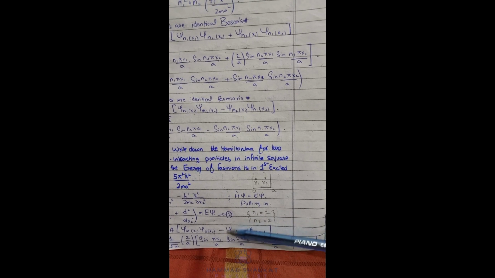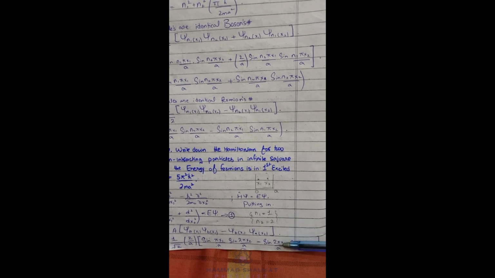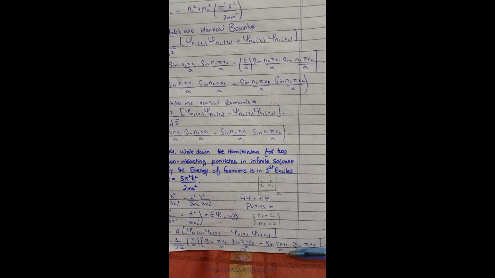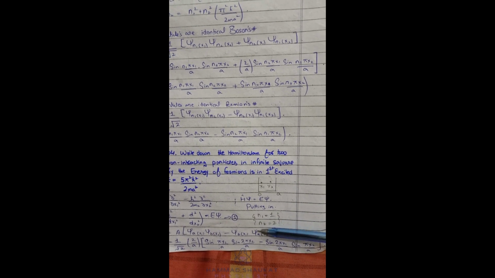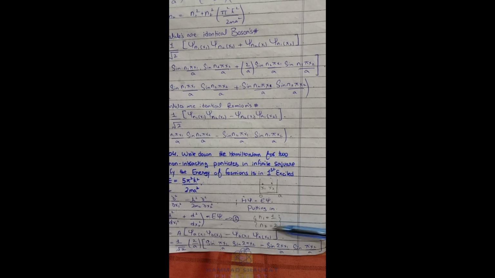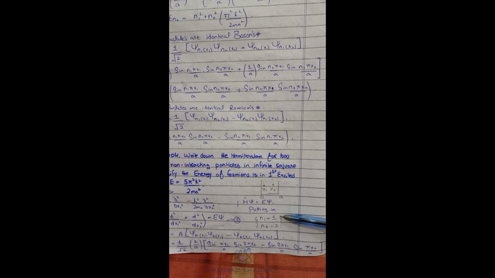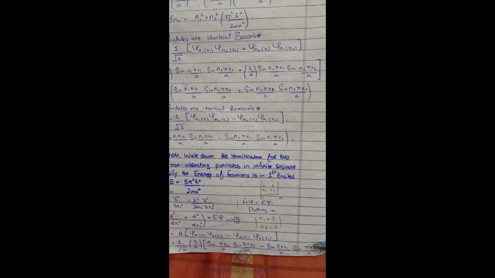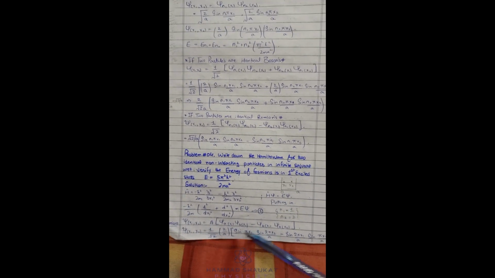Now for particle 2 you take n2 with position x1, and for particle 1 you take n1 with position x2. So this is your expression for the fermions. Now you need to take the value of these two.